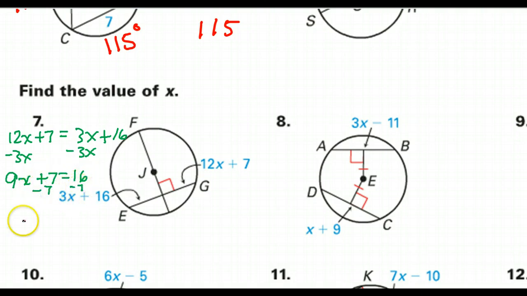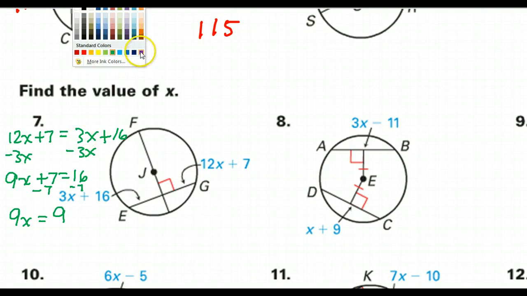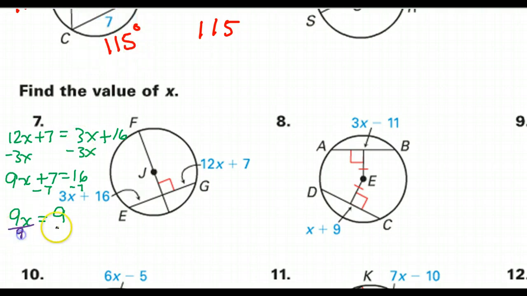Subtracting 7 from both sides gives me 9x is equal to 9. Dividing by 9 on both sides, I get x equals 1. So yeah, x is 1.